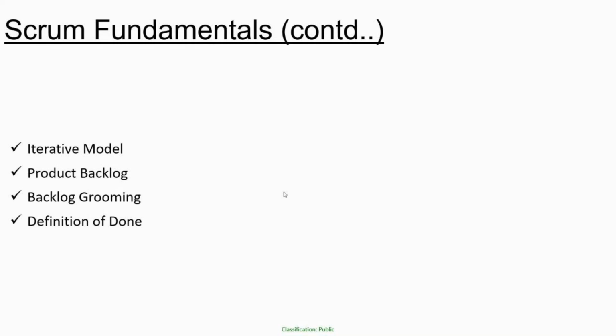Definition of done is a pretty commonly used term in your agile projects. Similarly, there's something called definition of ready, which is not that much used. But just to give you a gist of what definition of ready is, it is nothing but when can you assign a user story to the developers to start working on. You can do it when your user story has all the required information included in it, right?